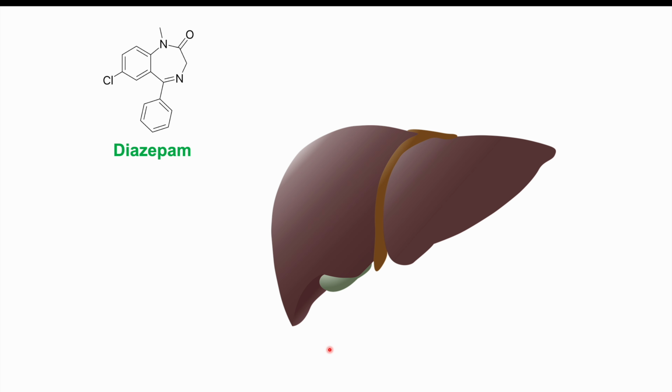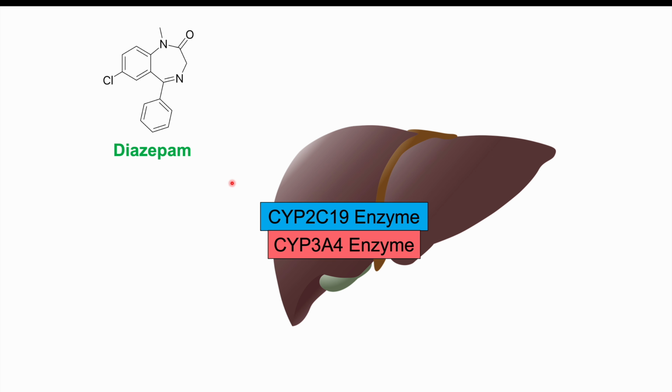Now, each benzodiazepine is going to be metabolized slightly differently. We'll look at diazepam as an example. So they're going to be metabolized in the liver by specific enzymes in the liver, known as cytochrome P450 enzymes. And in the case of diazepam is going to be metabolized by CYP2C19 enzyme and CYP3A4 enzyme.